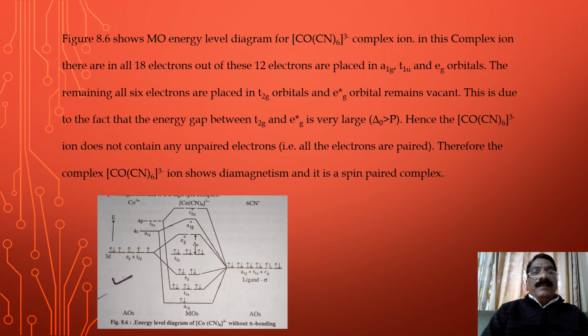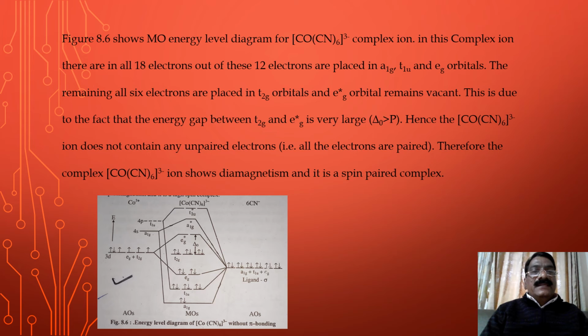See the second complex, [Co(CN)6]3-. The MO energy level diagram for the [Co(CN)6]3- complex ion shows that there are 18 electrons in all. These enter a1g, t1u, eg, that is 12 electrons are accommodated in these orbitals.